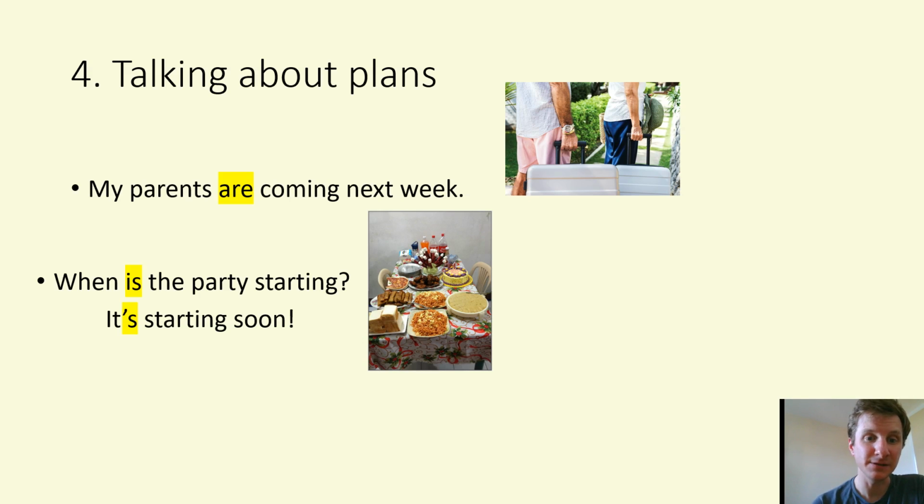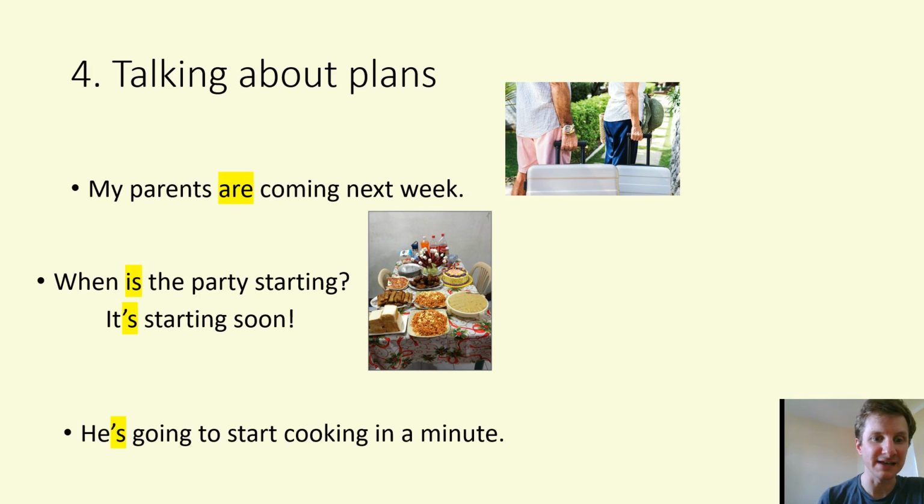When is the party starting? It's starting soon. And a third example, he's going to start cooking in a minute. So we can also use going to talk about plans, and we use going to with a be verb. He is going to start cooking. I am going to start cooking. You are going to start cooking, please.